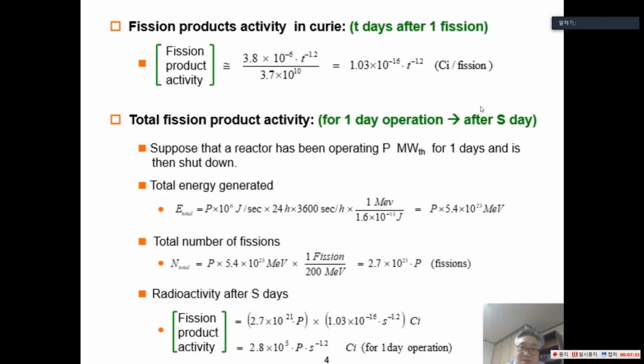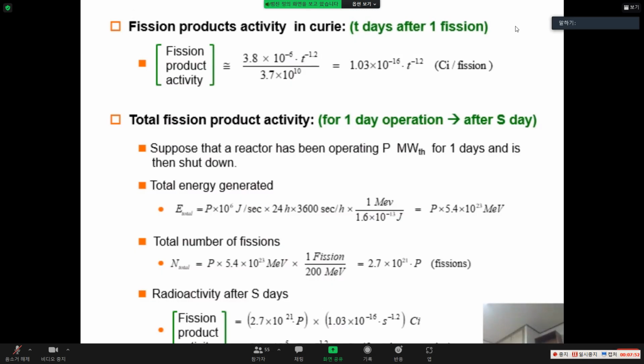That gives 3600 seconds. And in order to convert this expression from joule into MeV, we have to divide by 1.6 times 10 to the minus 13. So we get P times 5.4 times 10 to the 23 MeV. So this is the energy generated for 1 day operation of a P megawatt thermal nuclear reactor.